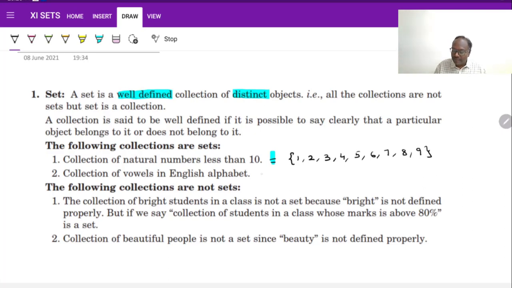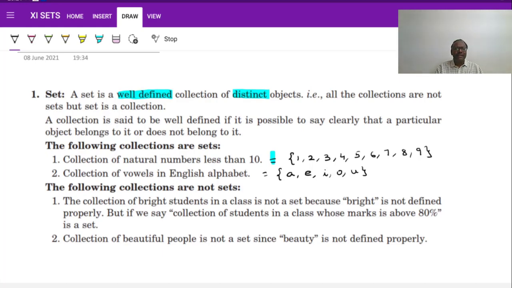Then the second example, collection of vowels in English alphabet. They are A, E, I, O and U. These are examples of collections which are also sets because they are well defined and distinct. They have distinct objects.